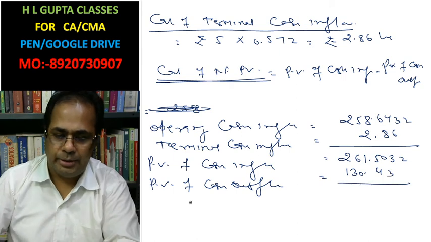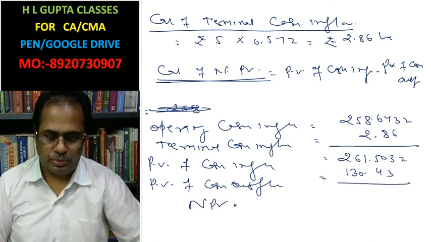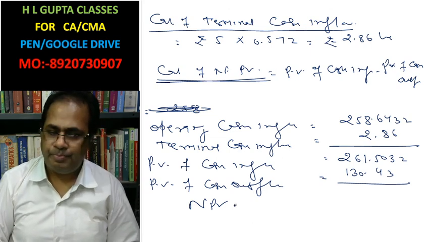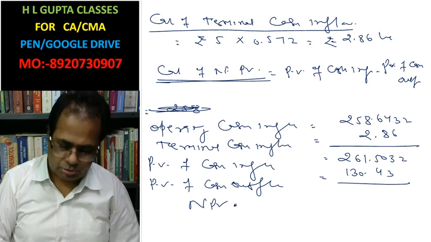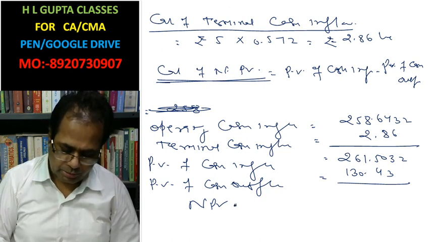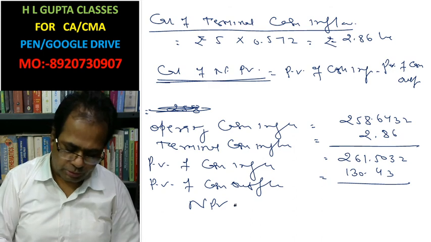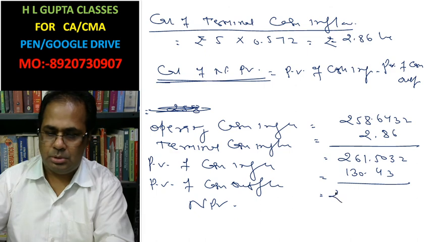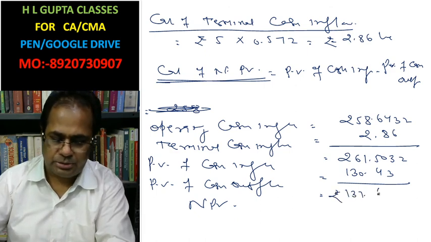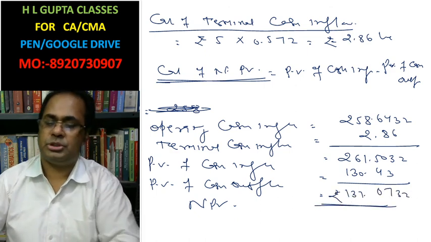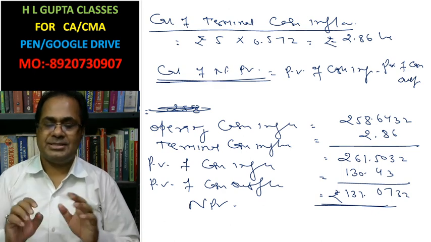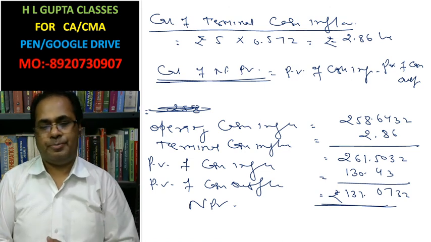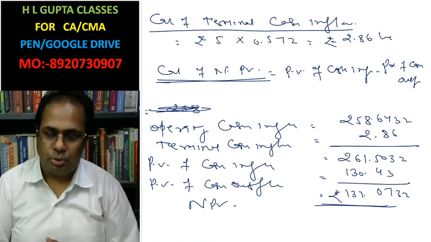Net present value is 261.5032 minus 130.43, which is 131.0732. This is your net present value. Since net present value is positive, therefore we should accept the project. Okay. Thank you, class.